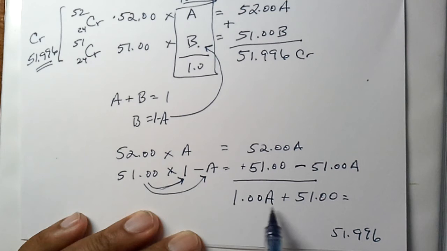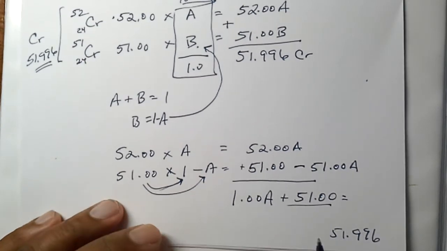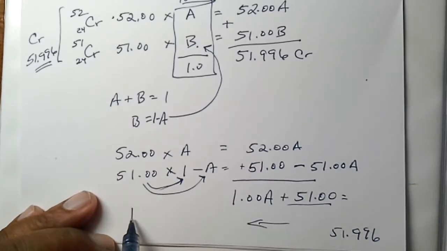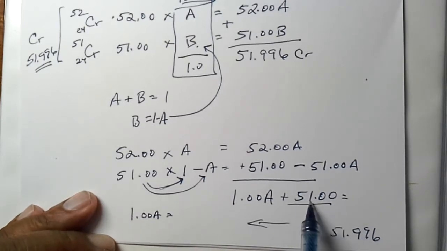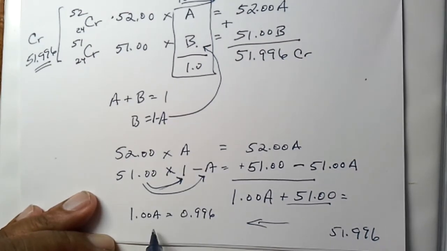So now we can rearrange and isolate our variable. We want to subtract 51 from both sides. If we do that, we'll have 1.00A equals 51.996 minus 51, which is equal to 0.996, and A then equals 0.996.